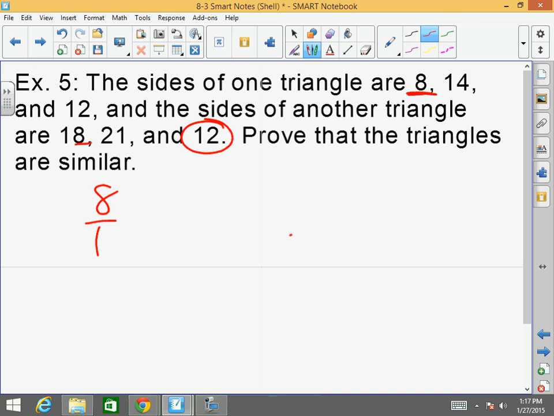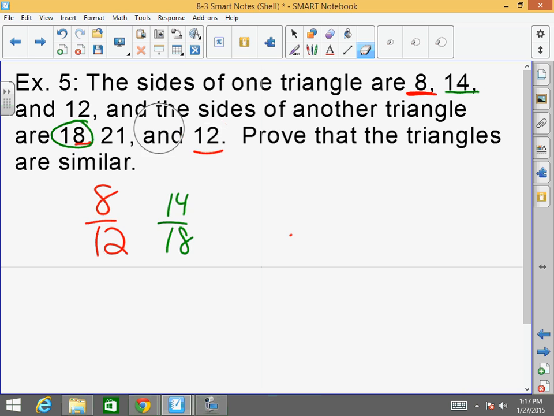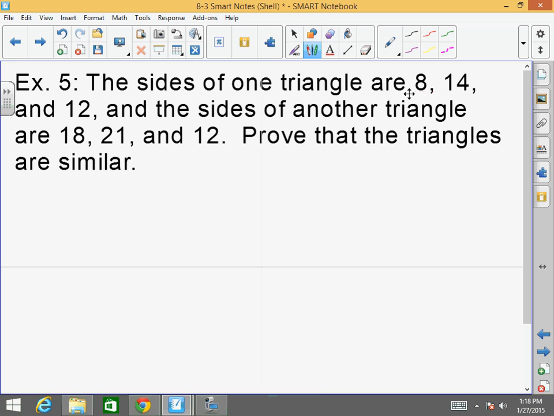So 8 to 12. Let's go middle to middle. 14 to 18. And let's go, oh my God, I'm messing this up all over the place. Let's pay attention, Mr. Morrow. Okay. Let's do this the right way.